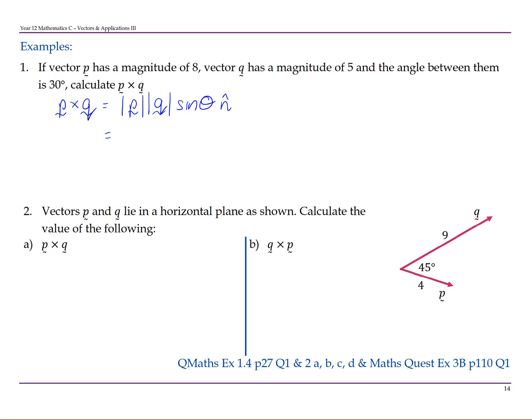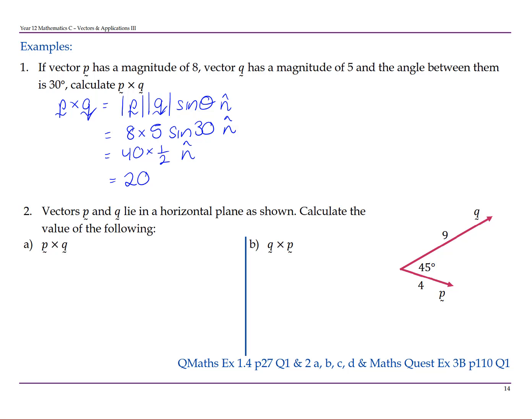So that's going to be 8 times 5 sine of 30, which is 40, and sine of 30 is a half. So 40 times a half. So that's going to be 20.